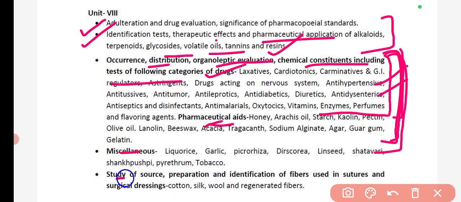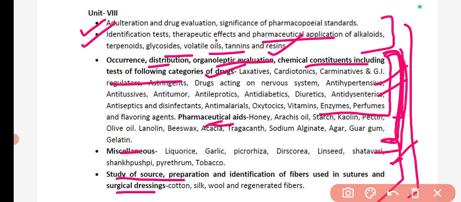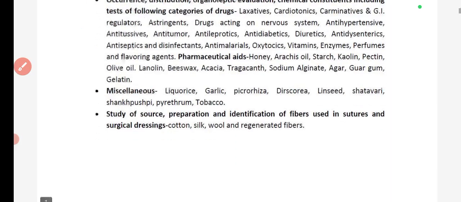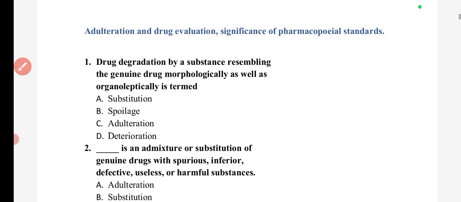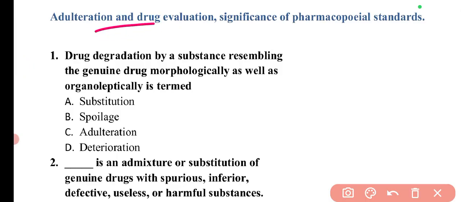The miscellaneous topic and study sources of fibers used in sutures and surgical dressing will be covered in the third part. In this way we will complete this unit, and on Saturday we will cover unit number 9, and on Sunday we will finish unit number 10, and with that we will finish the whole syllabus. So let's start with the first topic: adulteration, drug evaluation, significance, and pharmacopoeial standards.